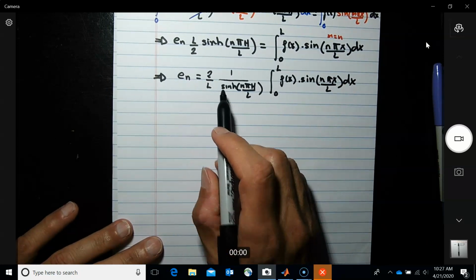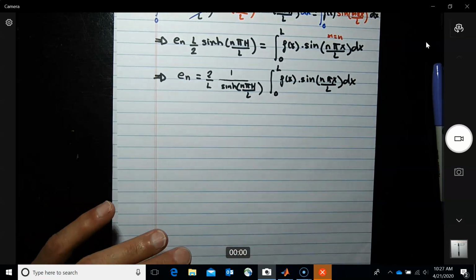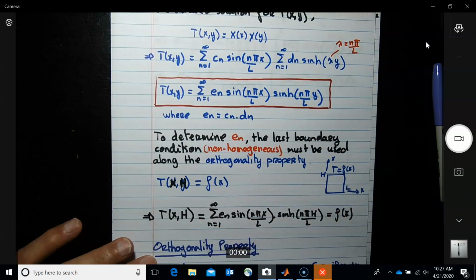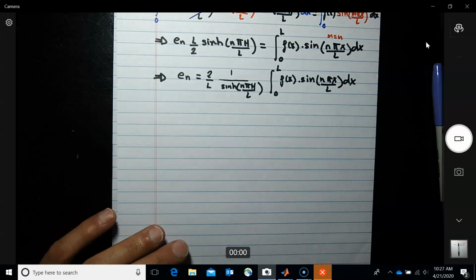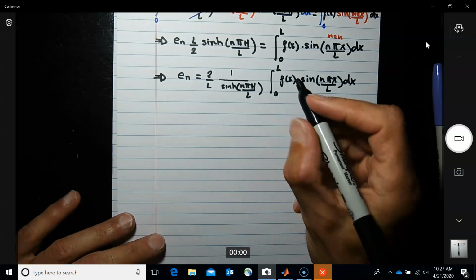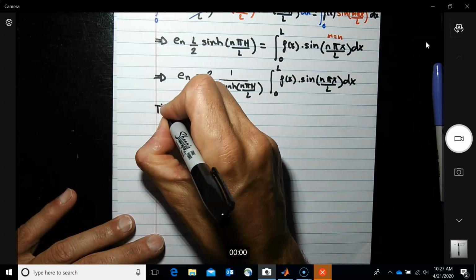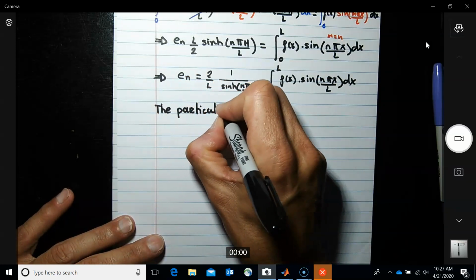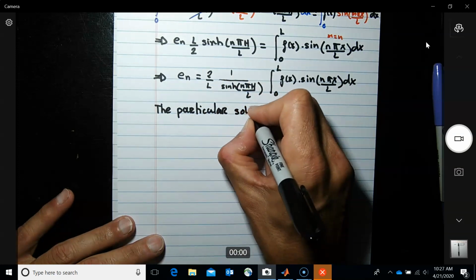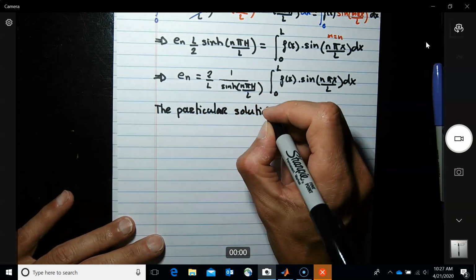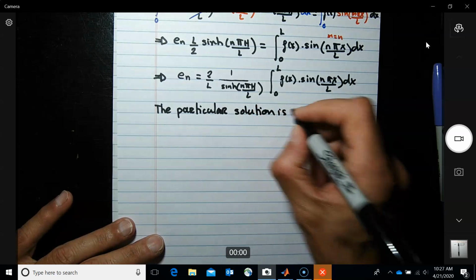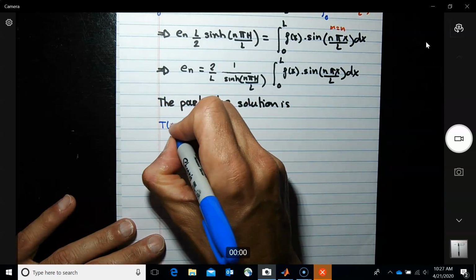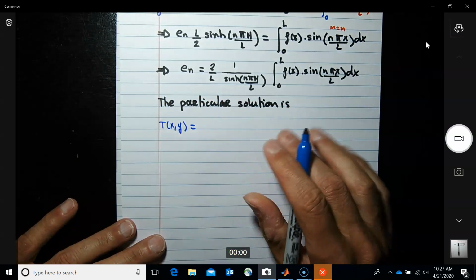Okay, so now we know what E sub n is, so we can substitute it into our solution over here. Alright, so at the end we have the particular solution, which will be T of x,y.